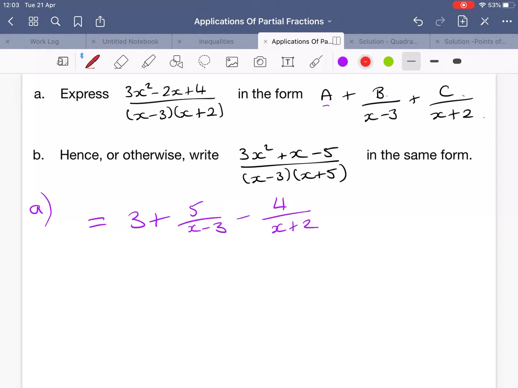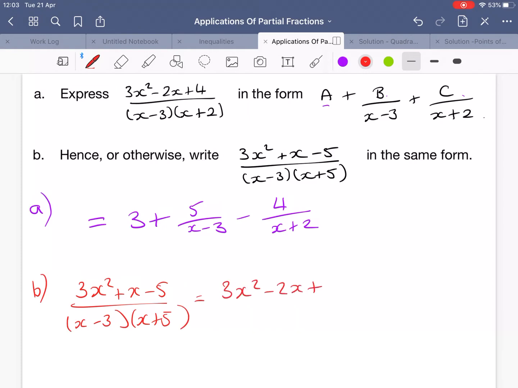Right, now again, let's do this part B, hence or otherwise. So again, to use the word hence, you're going to use part A. So I want to write my 3x squared plus x minus 5 over my x minus 3 and x plus 5 as my original equation with other bits added or taken away to make it match.